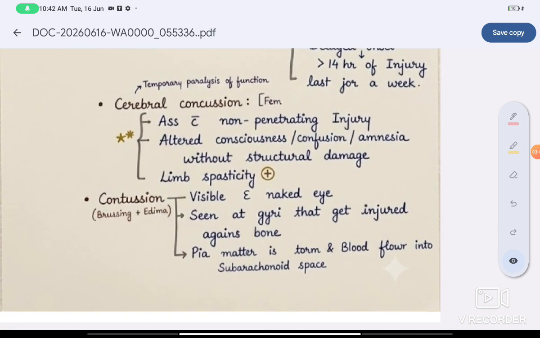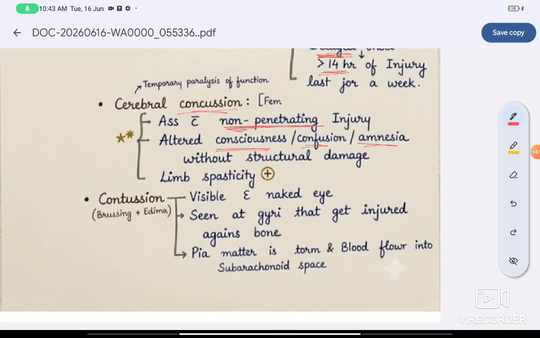Next is cerebral concussion. Cerebral concussion is associated with non-penetrating injury. Penetrating injury is associated with lacerations. Non-penetrating is associated with concussion. There is altered consciousness, confusion, amnesia.